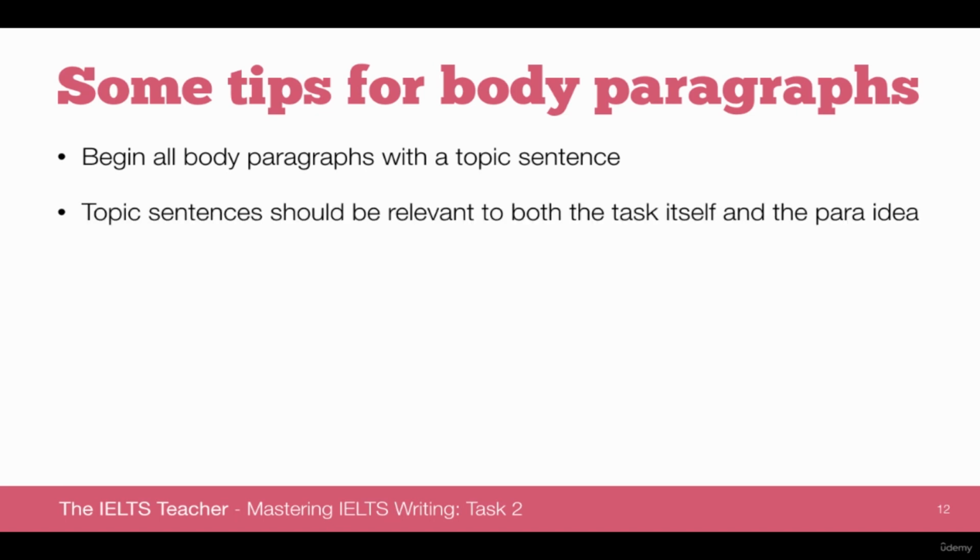Topic sentences should be relevant to both the task itself and the paragraph idea. There should be two halves to a topic sentence. One of the main disadvantages of travelling abroad, that relates back to the task, is that it can cause homesickness. That is related to the paragraph. Your topic sentence should contain two halves.